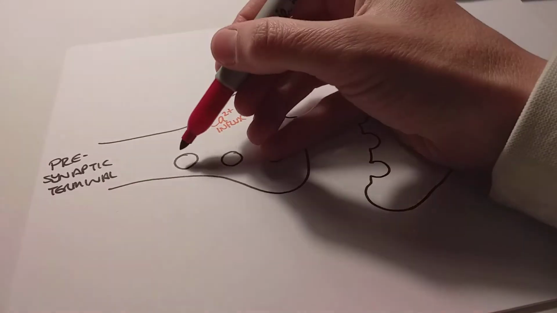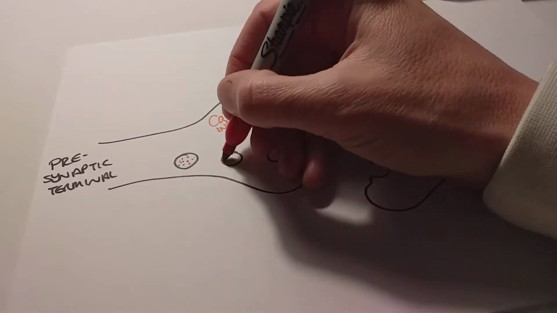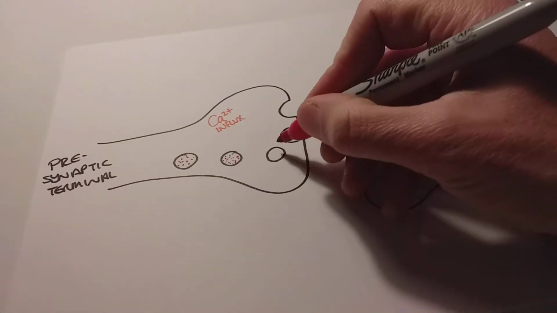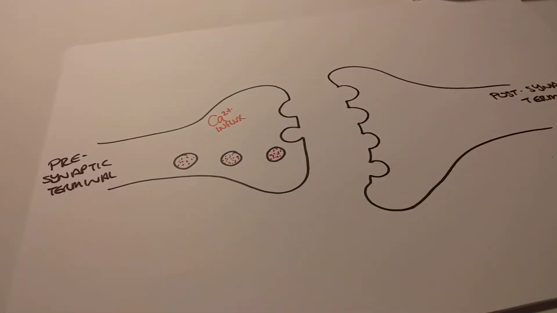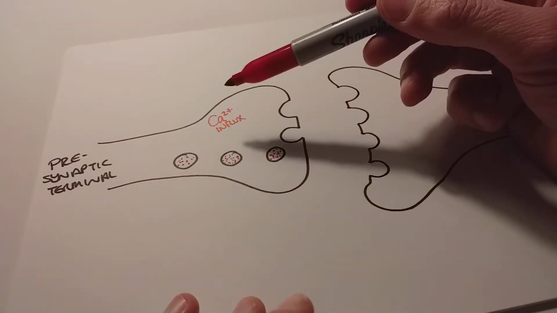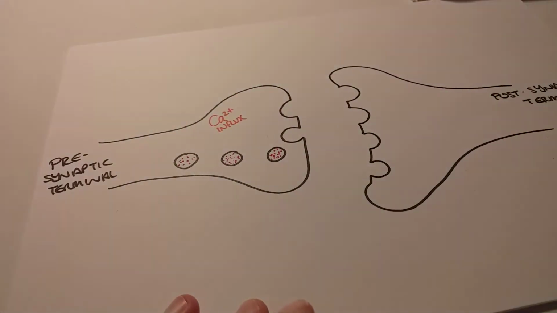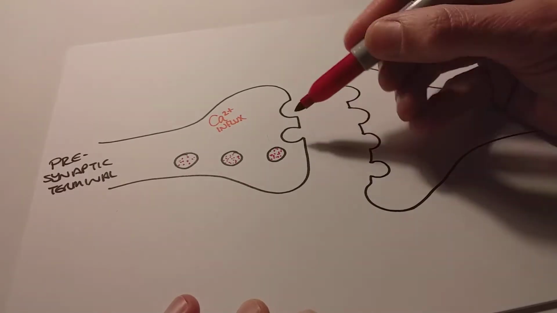And what this does, these here are vesicles, full of neurotransmitters. So what happens next? You get the influx of calcium via the voltage-gated channels, and these cause these vesicles to bind to the presynaptic terminal membrane.